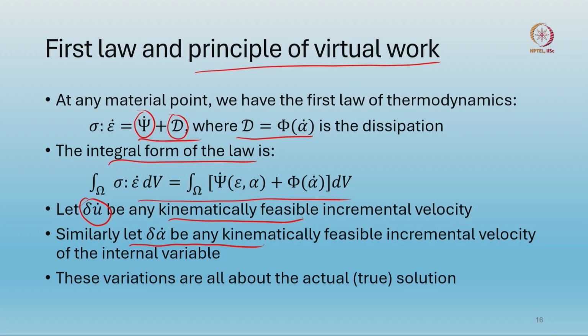Otherwise, suppose you do not know the actual solution, which you do not know anyway, but you assume that u dot and alpha dot is any other solution which does not satisfy the governing equations, then taking variations of them and invoking this principle of virtual work will be wrong. Please remember that, okay. So, these variations are all about the true solution, okay.